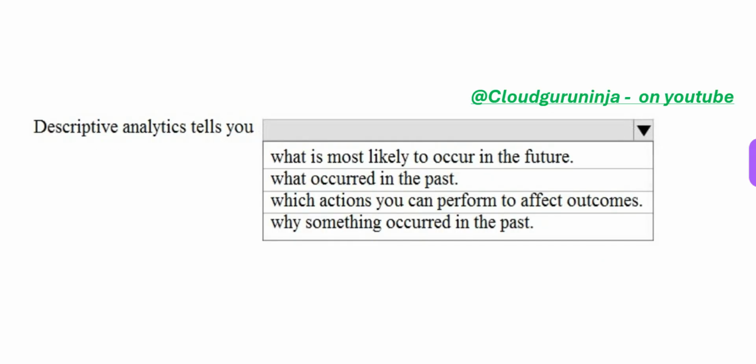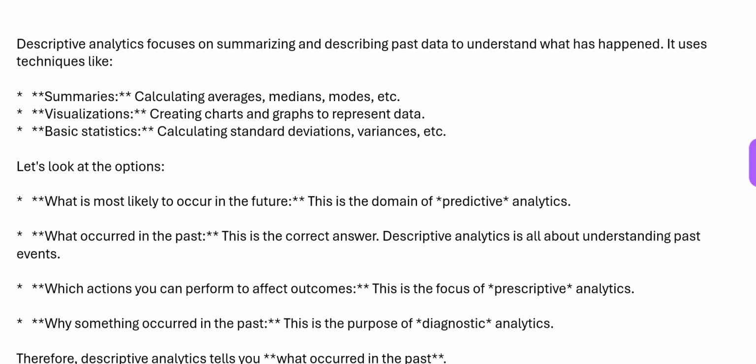Now, this question is asking about descriptive analytics. What does it tell you? If you see what occurred in the past, you described. When we say what will happen in future, that is predictive. You're trying to predict your future. Which actions you can perform to affect the outcome, this is prescriptive.